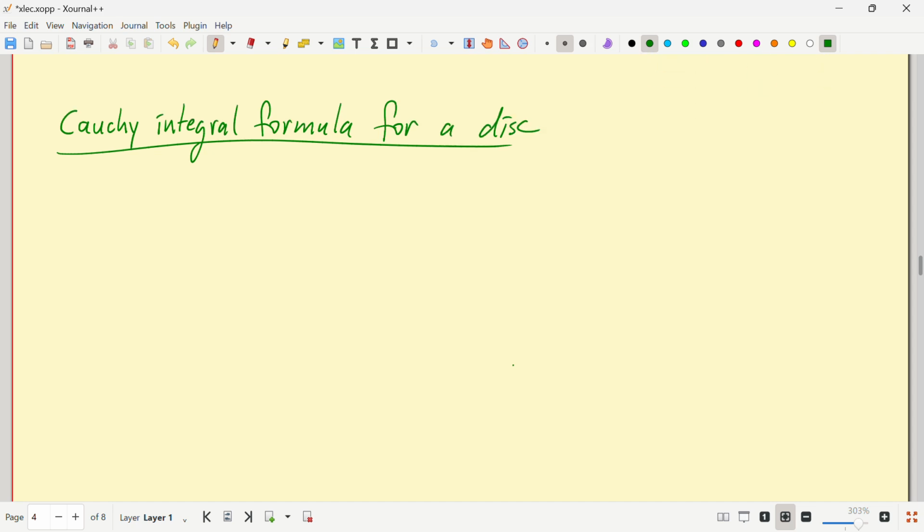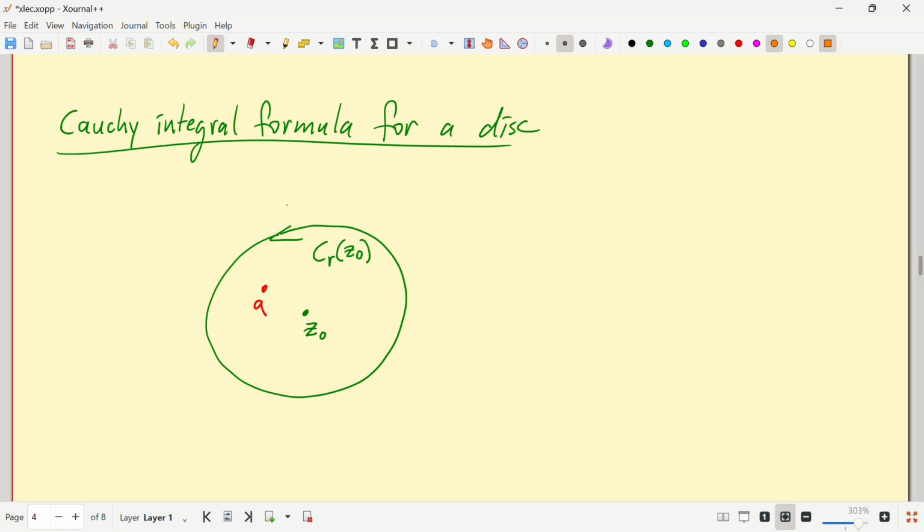I'll have this circle, I'll call this C sub r about z naught. That's a circle. z naught's the center, and I'll have a point a inside the circle. And I'll have a bigger disk.